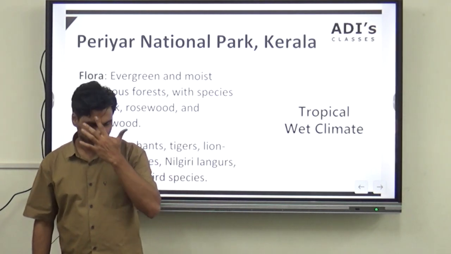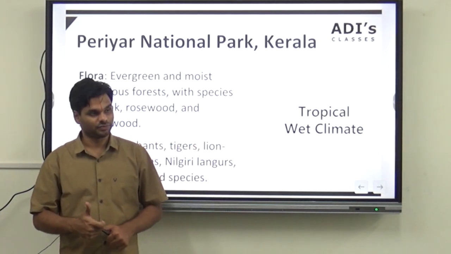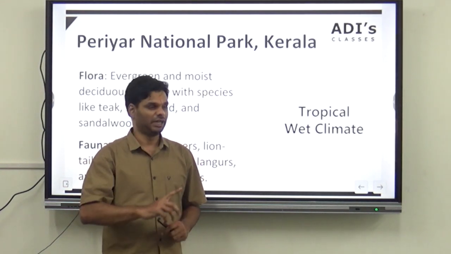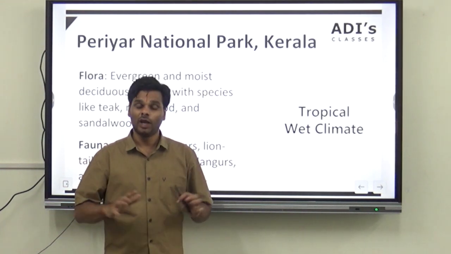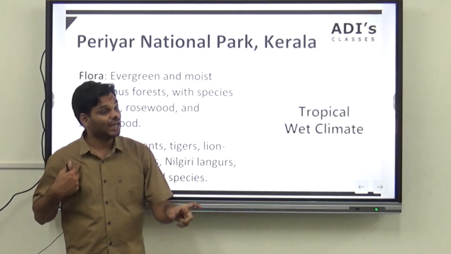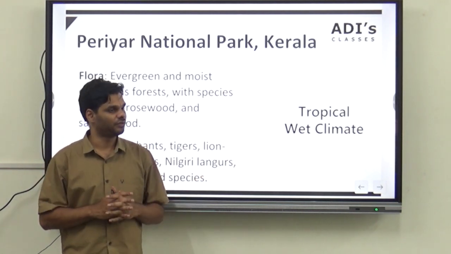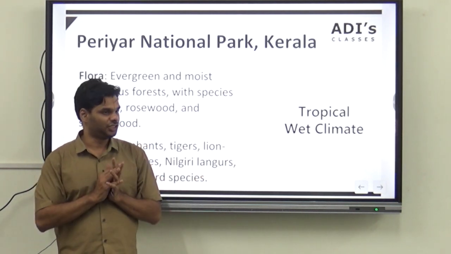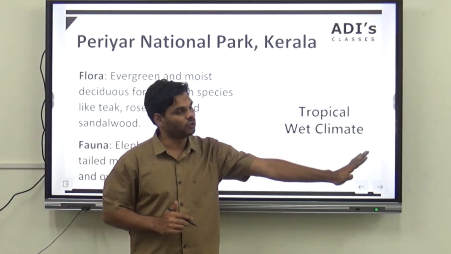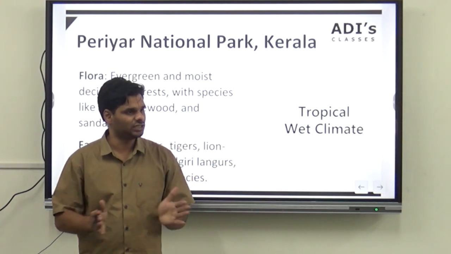Understood? When we talk about a conservative reserve, the land is totally owned by the government. But when we talk about a community reserve, it could be private land also, and it could be government land also. It could be a combination of the two, and together it is managed so that no harm comes to the actual protected area, because we want some kind of a transition area.